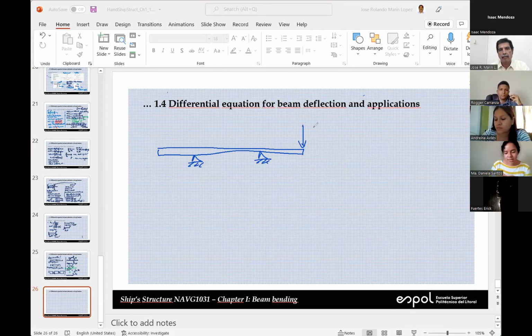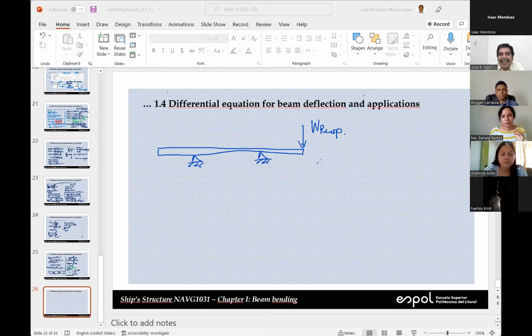I did the moment considering P of X like a weight of the axis, and then I didn't consider this weight. But when I do the graph, the experimental graph is similar to the axis when I don't consider the weight of the axis.